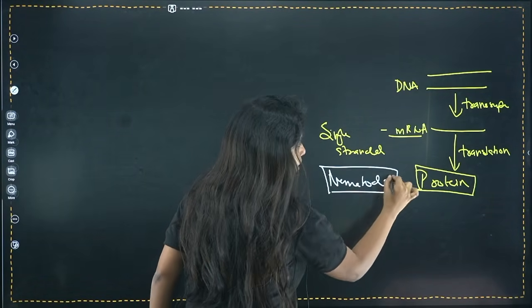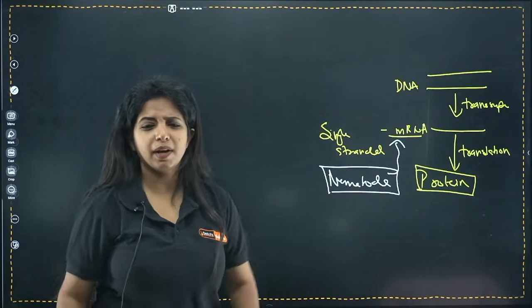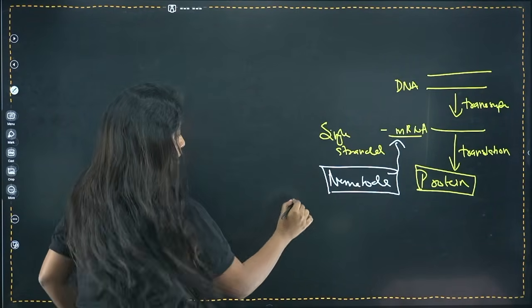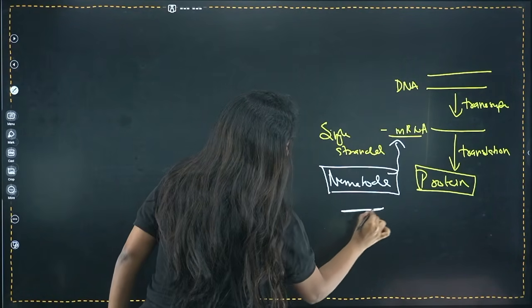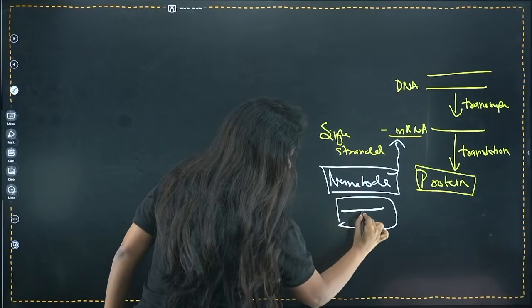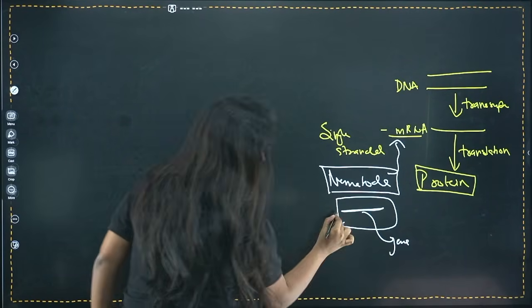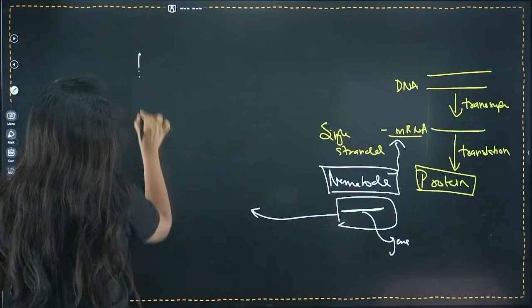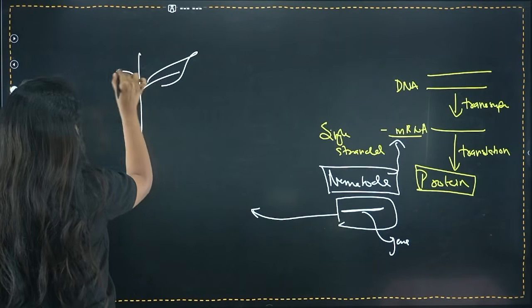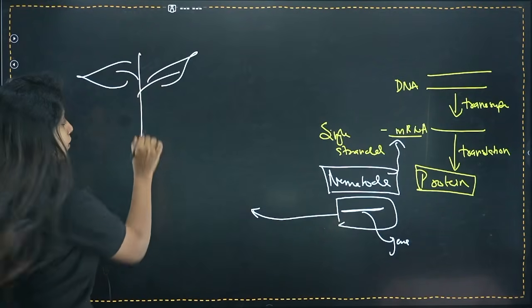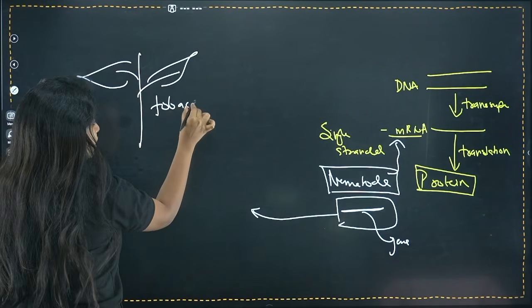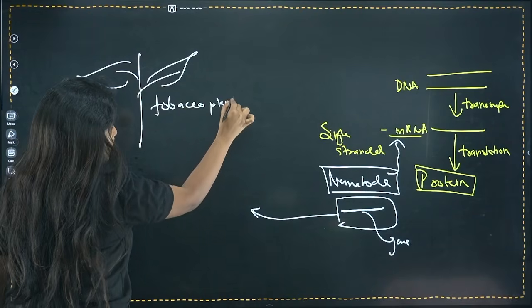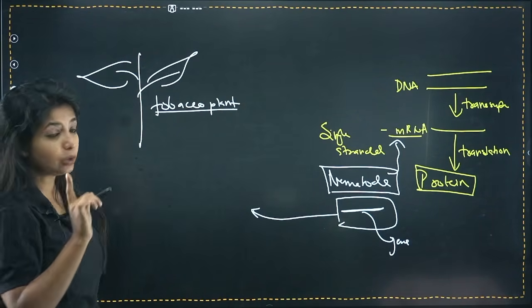Whatever gene is responsible for formation of this particular mRNA, we get to know that. Now this gene, which is very, very important for us, is being put into the tobacco plant. But can it be put directly? No. Again, you need a vector.